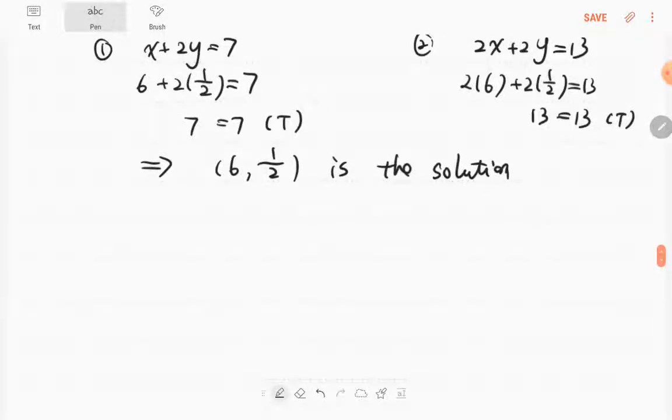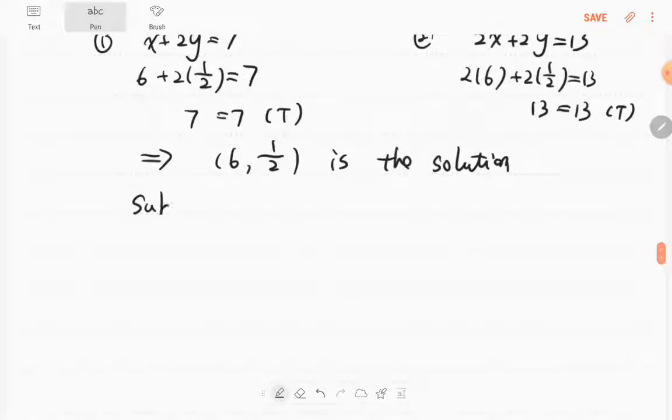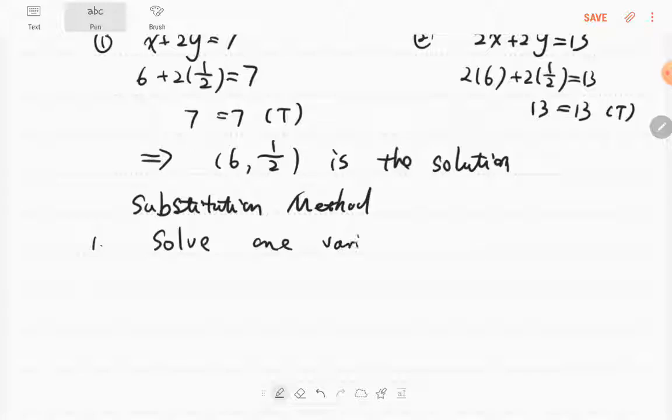So after we check several examples, we can conclude the substitution method. It's something like step 1, we solve one variable by using one equation.